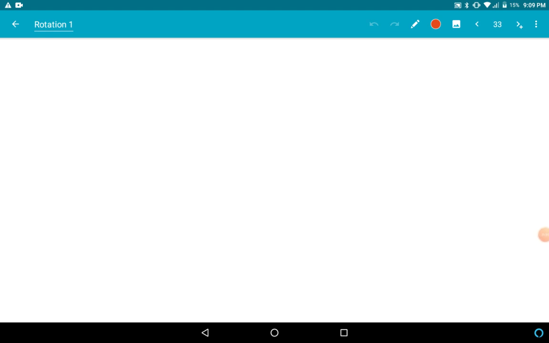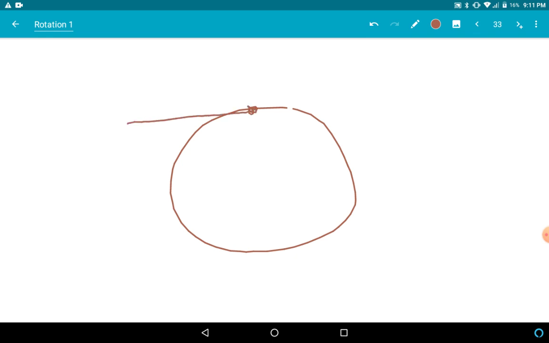Let's do the first sum. Okay, first question. Let's say there is a wheel like this, can't draw well. Here we apply a 2 Newton force, and the radius of this circle is 1 meter.